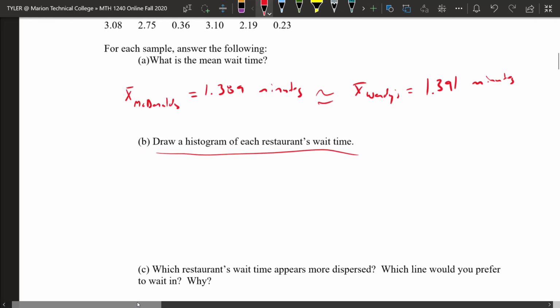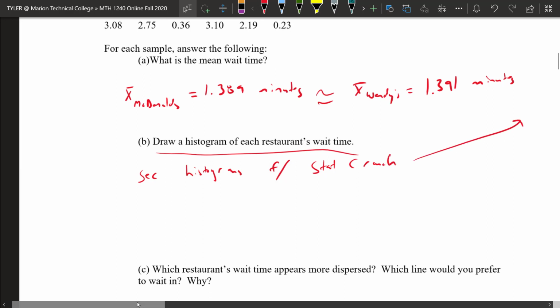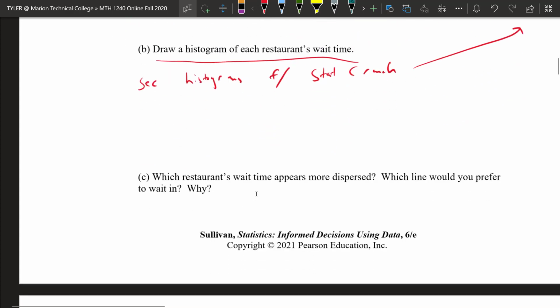Right, so see histograms from StatCrunch. Right, so they're over there. So next you want to be thinking about, which wait time appears more dispersed, right?